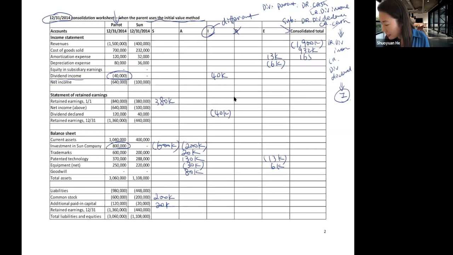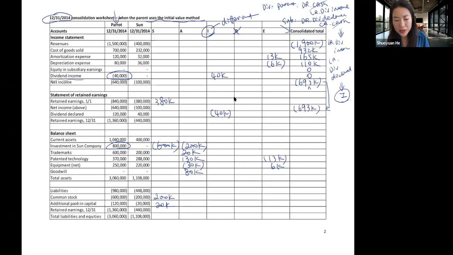Amortization, 165,000. Depreciation expense, 110,000. Equity subsidiary earnings is 0. Dividend income is 0. And if you add them all up vertically, that will give you 693,000. This is carried over to your statement of retained earnings.